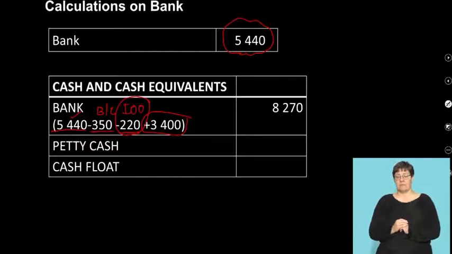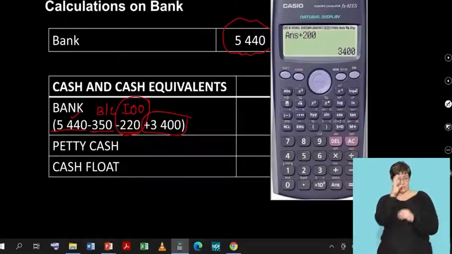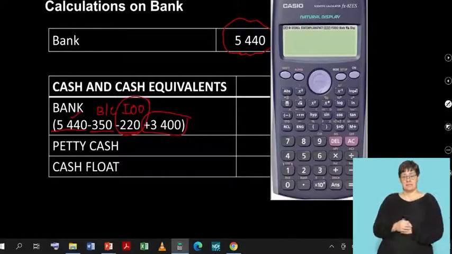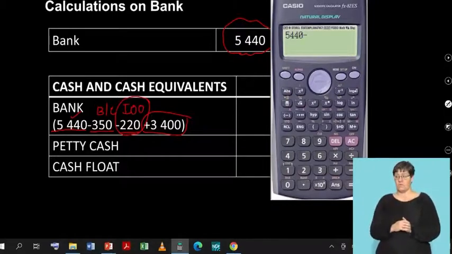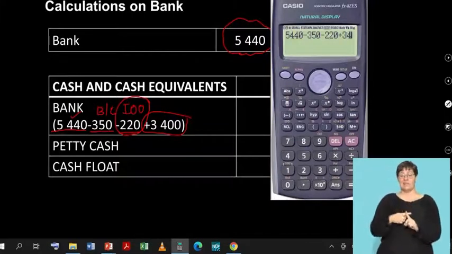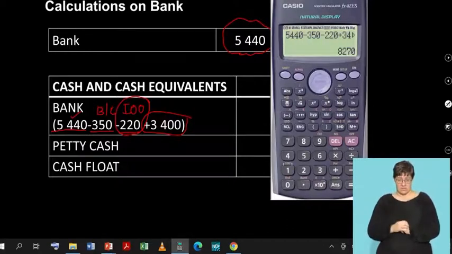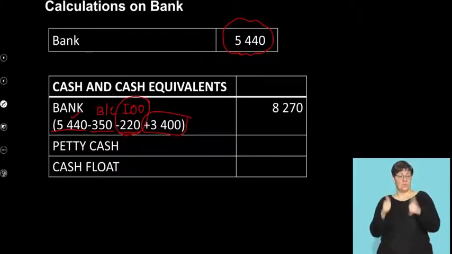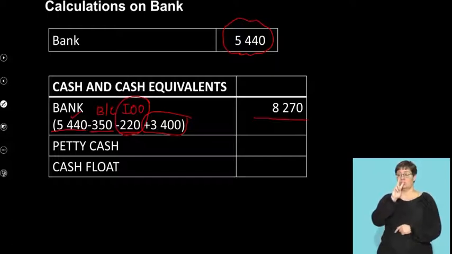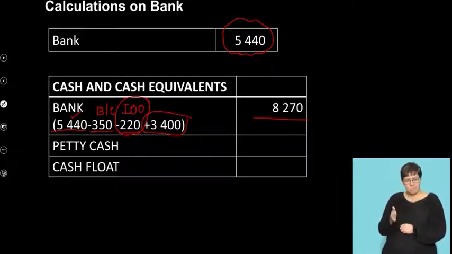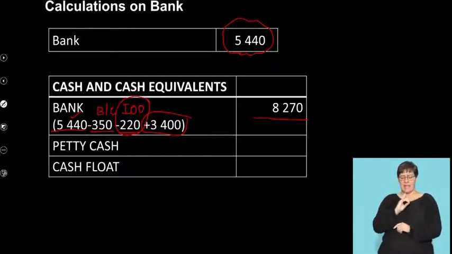So if we take all of that into consideration now, you start off with 5,440 minus 350 minus 220 plus 3,400, and that gives me my new bank figure of 8,270.